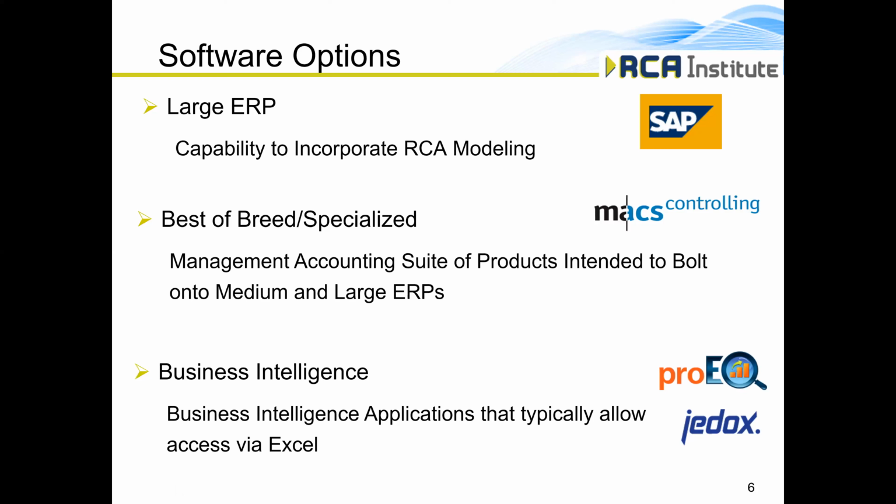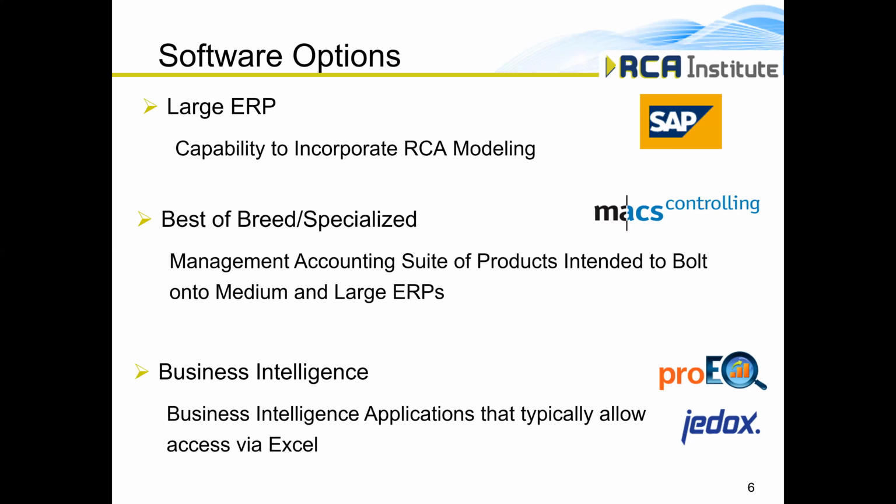The second category is best of breed or specialized types of software. The best example I have of that for RCA is max controlling. The advantage of this category as a software is that they focus on specific areas. They also focus on integrating with ERPs as smoothly and seamlessly as possible.